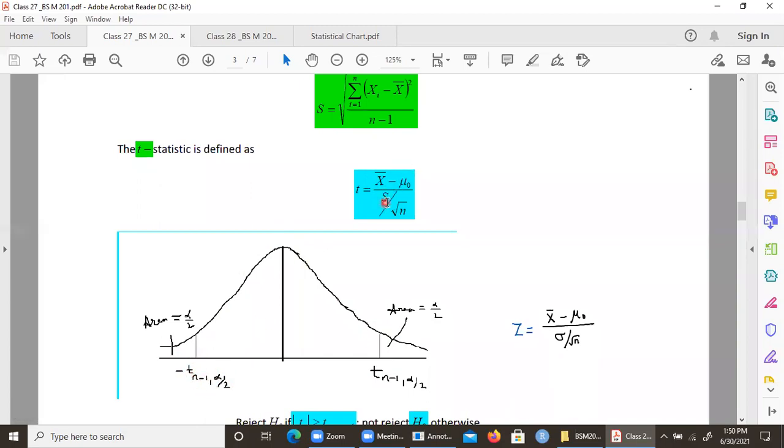Why? Because capital S is calculated by dividing the sum of squares by n minus 1. If we consider the negative of this value on the left hand side and the positive of the value on the right hand side, we can represent it by minus T n minus 1 and plus T n minus 1.